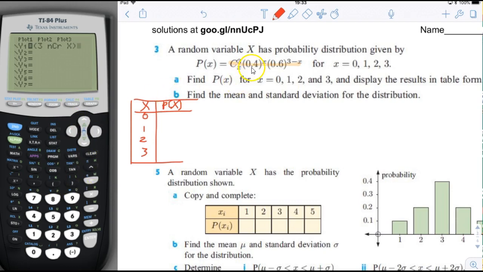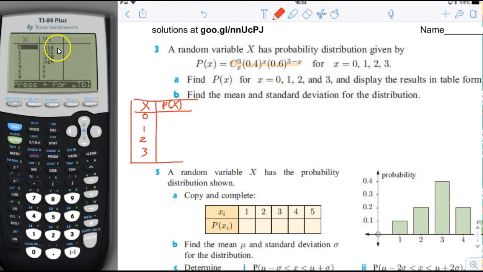And then I'm going to multiply that times 0.4 to the x. So 0.4 to the x. Then I press right arrow, and I'm going to put 0.6 to the 3 minus x. And then I'm going to look at the table, second table.